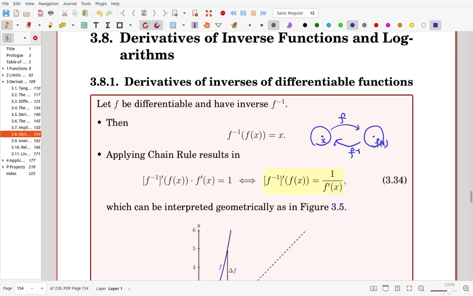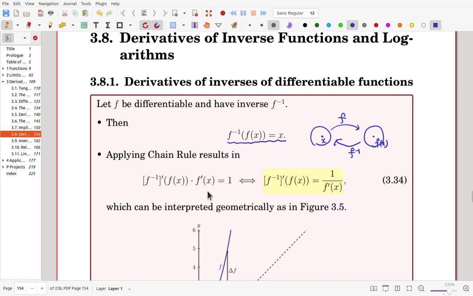Now, if we apply the chain rule to that equation, then the derivative of the whole thing is the same as the derivative of f inverse with respect to f of x, times the derivative of f with respect to x, and the right hand side is 1.